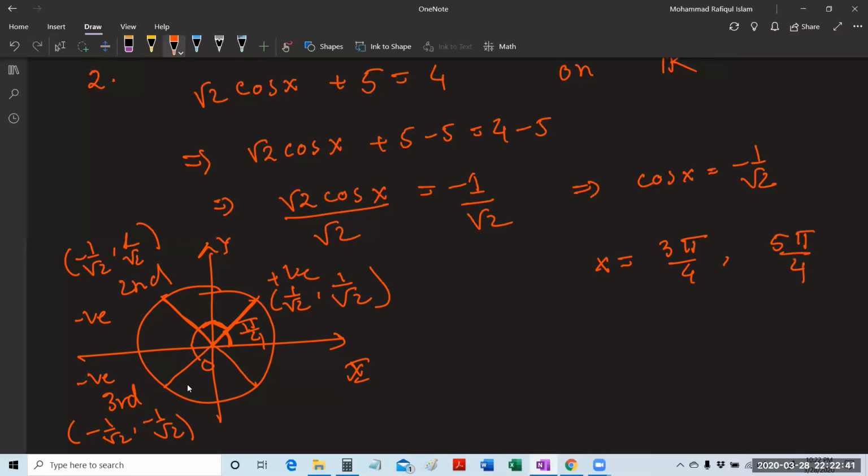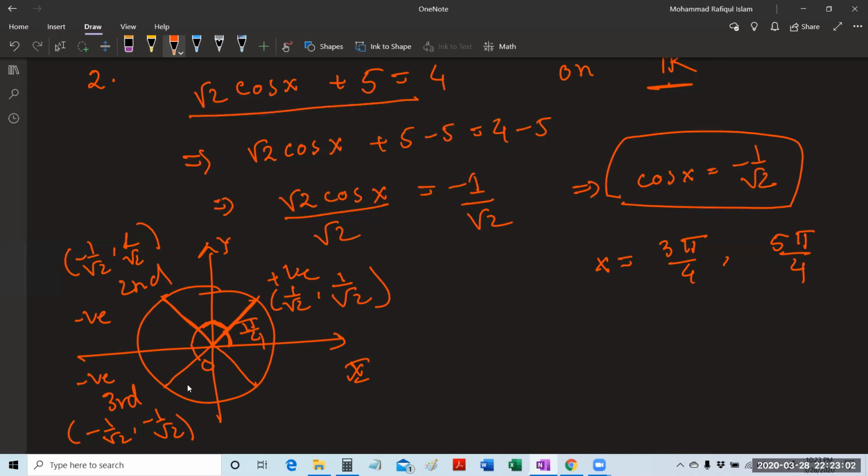Now, since we have to find the solution on real numbers R, that means we should not stop here. We have to find other x values that satisfy this equation, cosine x equals negative 1 over root 2, or simply the original equation.